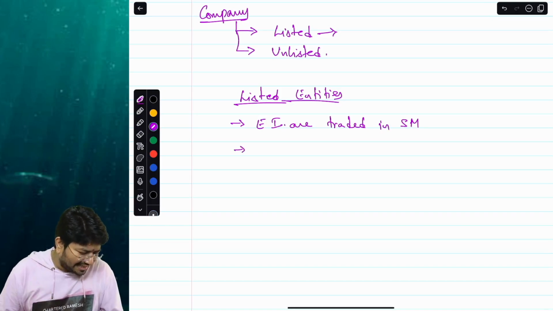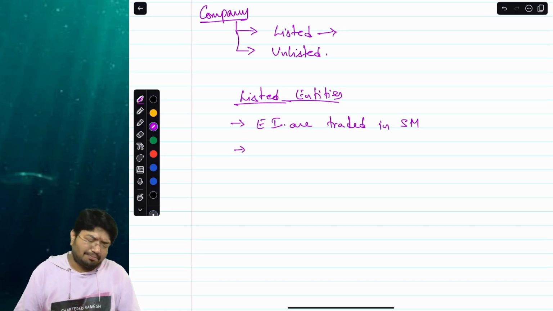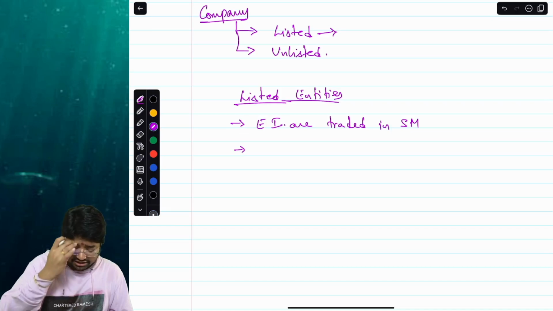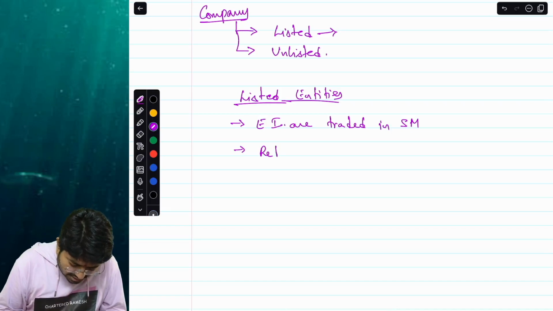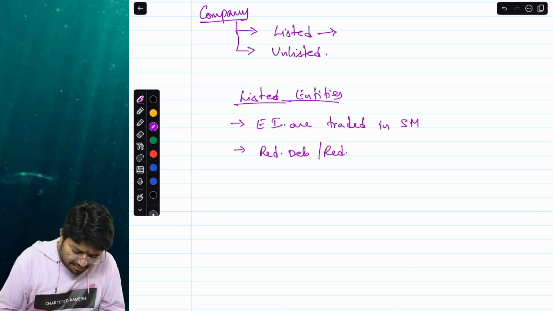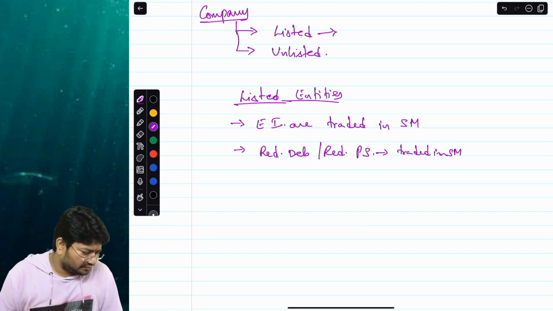There are a few other categories where it is considered as listing, but it is not about equity instruments. There could be redeemable debentures or redeemable preference shares traded in stock market.